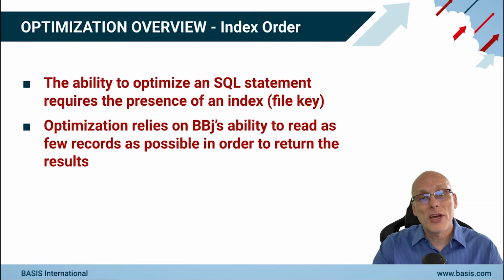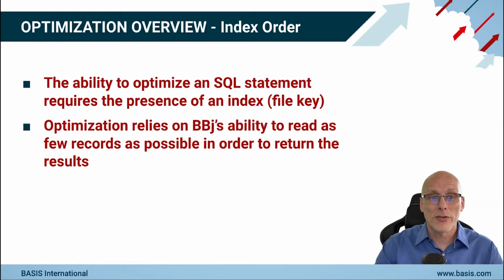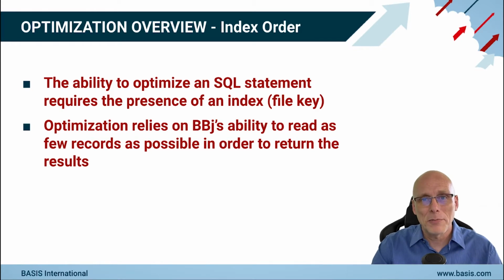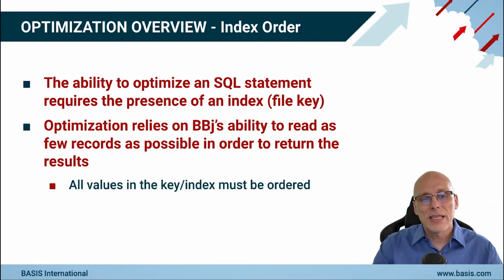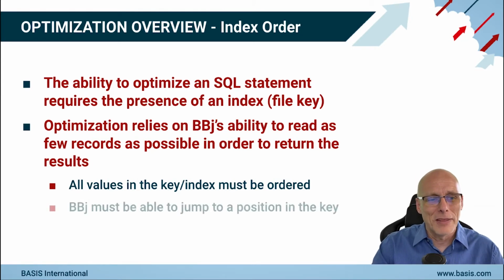Optimization relies on BBJ's ability to read as few records as possible in order to return those results. That's the whole purpose of optimization: do as little work as possible when it comes to iterating over the data file. All the values in the key and the index have to be ordered in order for this process to work. We'll look at that here in just a moment to clarify what I mean by that.